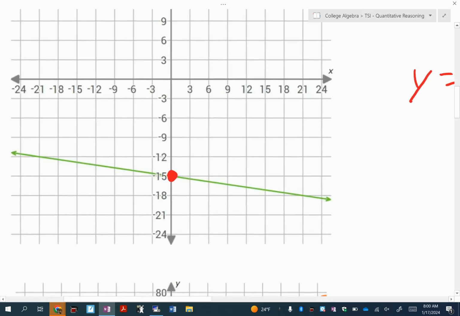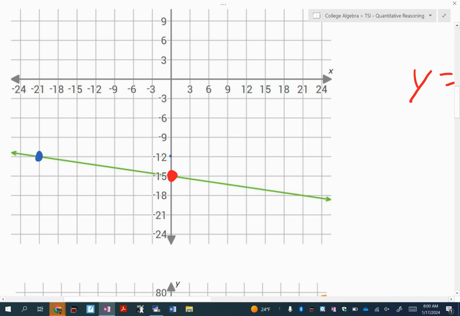So I'm counting up 1, which is really up 3. And then I'm moving how far to the left? 3, 6, 9, 12, 15, 18, 21.